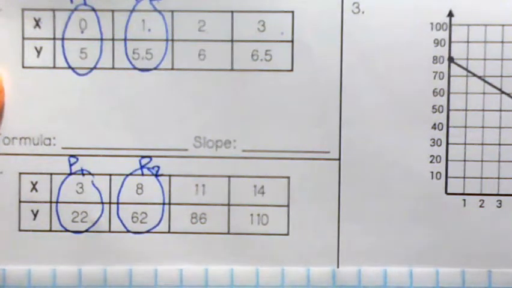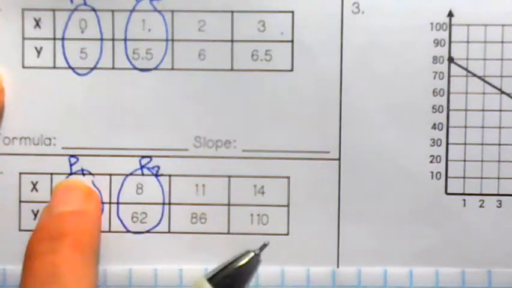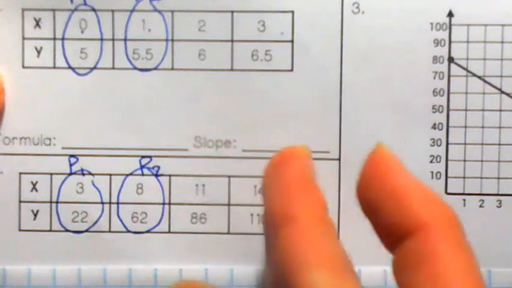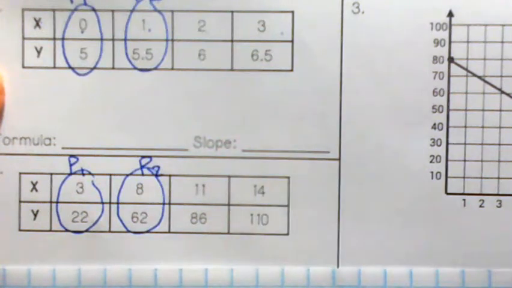I'm going to find a point 1 and a point 2. And earlier I had decided this would be point 1, point 2. Doesn't matter. I could have used any of these. So point 1 is (3, 22). Point 2 is (8, 62). Point 1 always has x1, y1. Point 2 always has x2, y2.